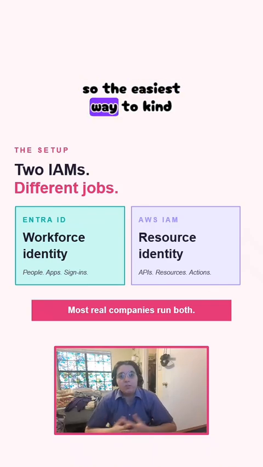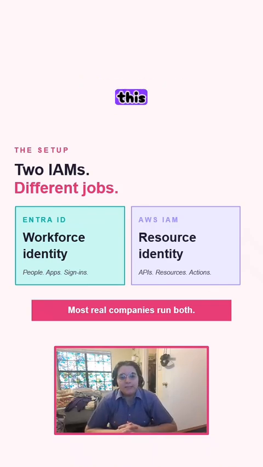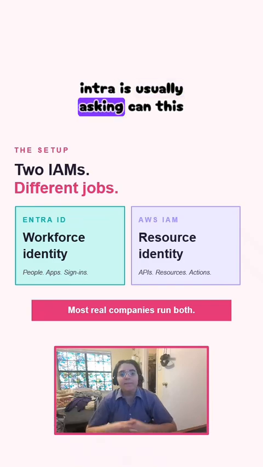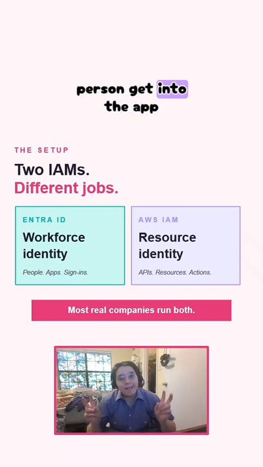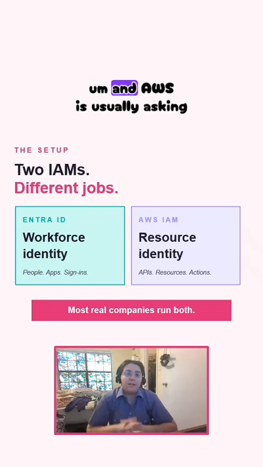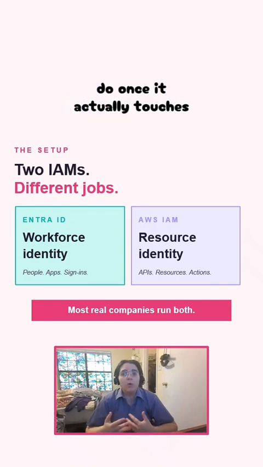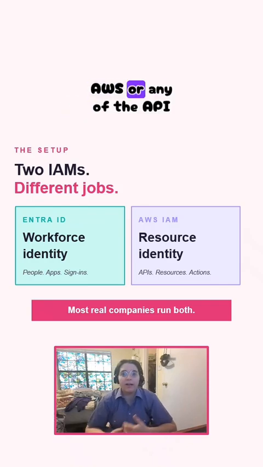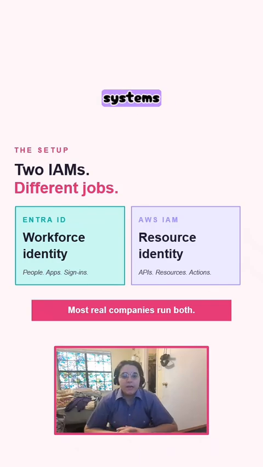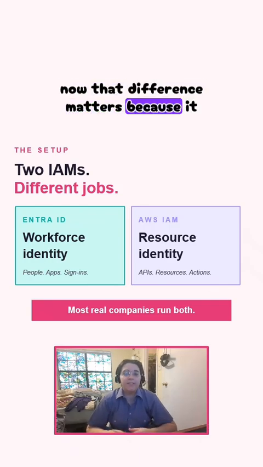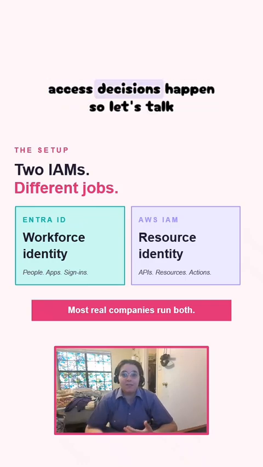So the easiest way to think about it is like this. Entra is usually asking, can this person get into the app? And AWS is usually asking, what is this identity allowed to do once it actually touches AWS or any of the API systems?